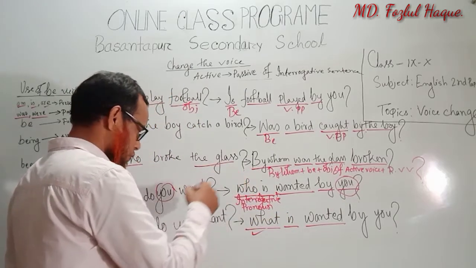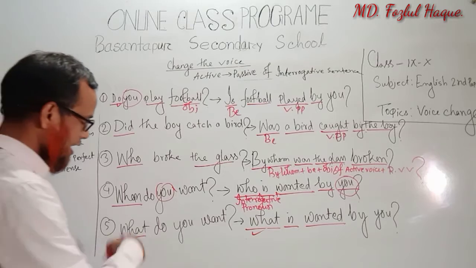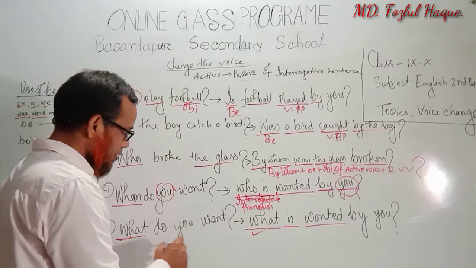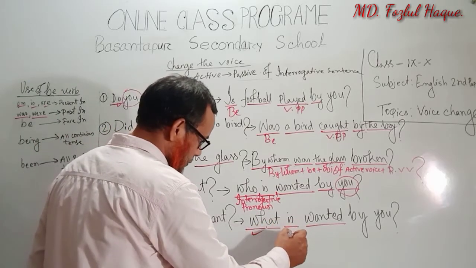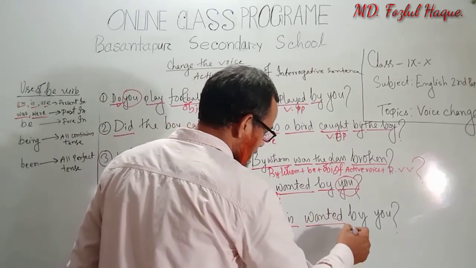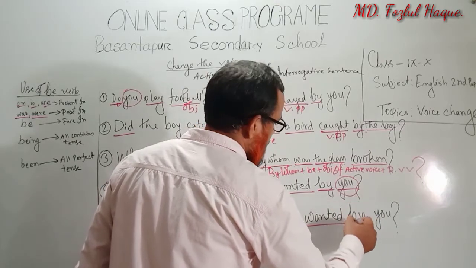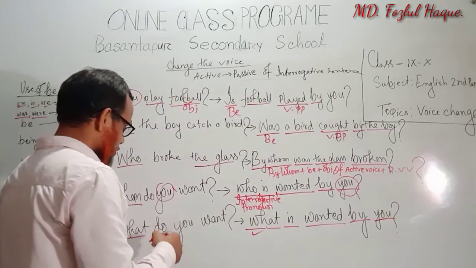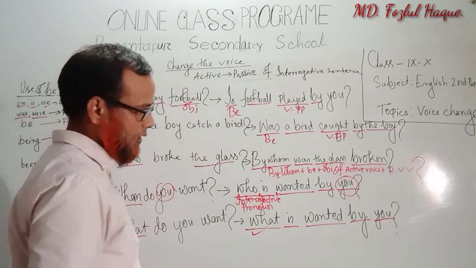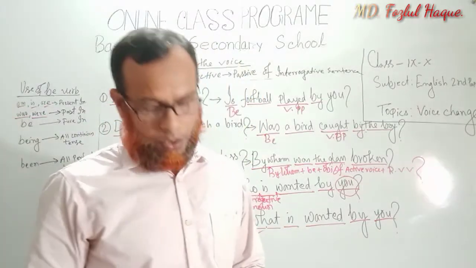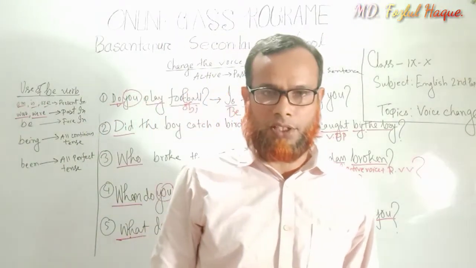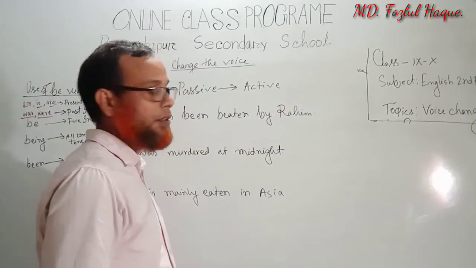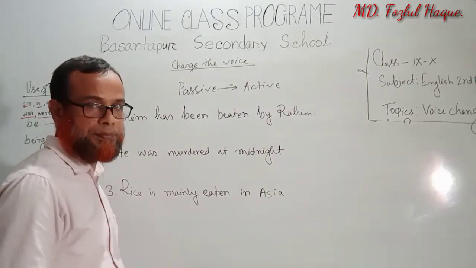So if we do these types of exercise, these types of passive form: what is subject, then be verb, then main verb past participle form, and after the main verb past participle we take be verb, preposition, then the subject of active voice. In this way we can solve interrogative sentences in passive form.